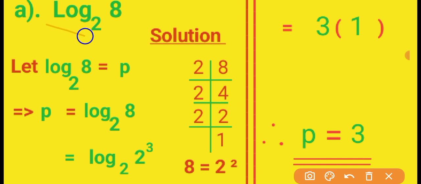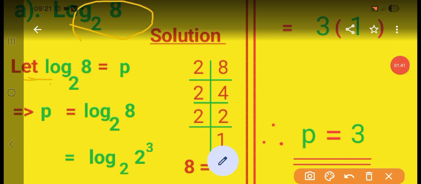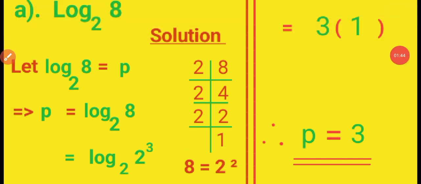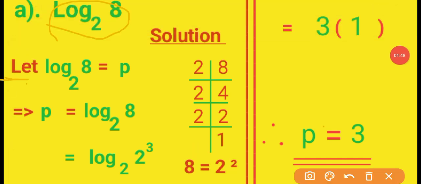So since the logarithm to base 2 of 8 is here, we just say let the logarithm of that number be equals to P. So let logarithm to base 2 of 8 be equals to P. So that we can go ahead and say this implies that P is equal to log to base 2 of 8.